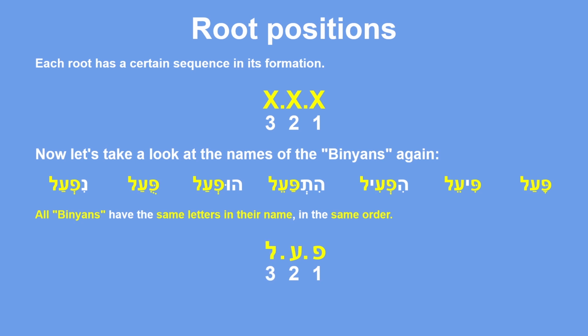So therefore, we know that the names of the binyanim, all of them, have the same letters in the same order. Therefore, Pei will always represent the first root letter, Ain will always represent the second root letter, and Lamed will always represent the third root letter.